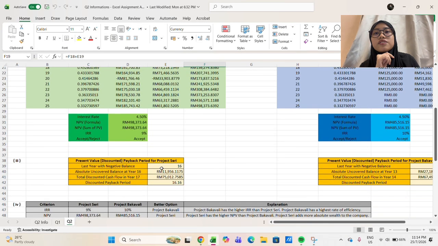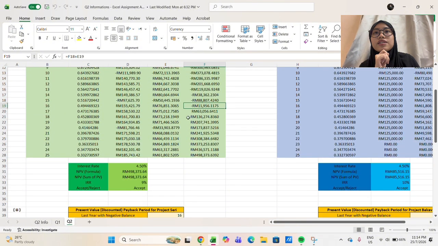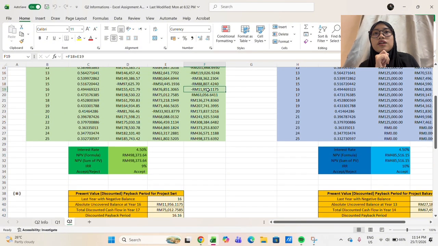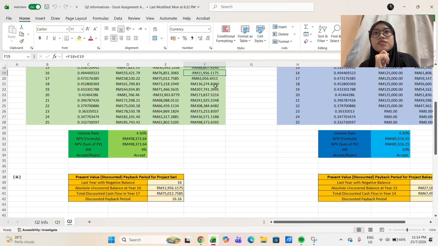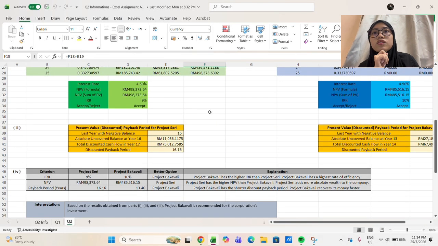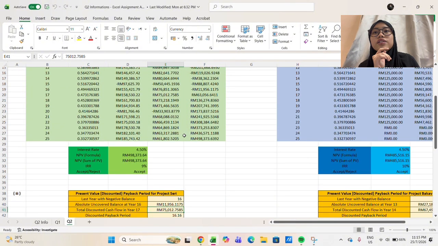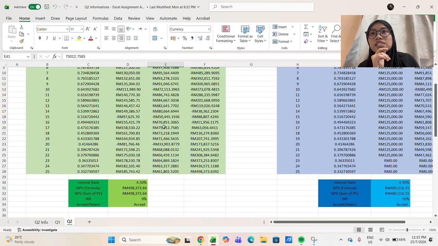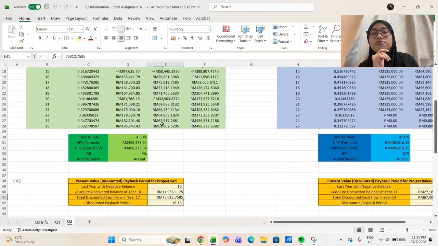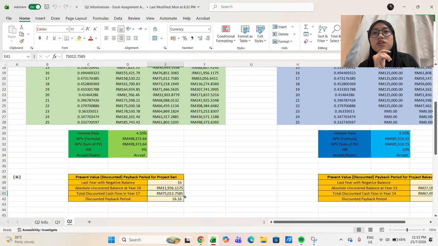The absolute uncovered balance at year 16 is 11,656 ringgit 12 cent, and the total discounted cash flow in year 17 is 75,000 ringgit 12 and 75 cent.